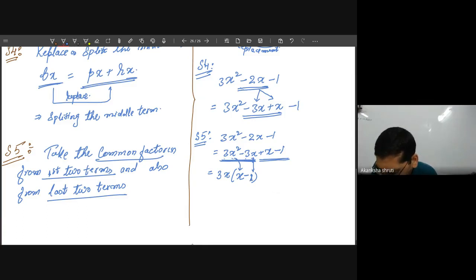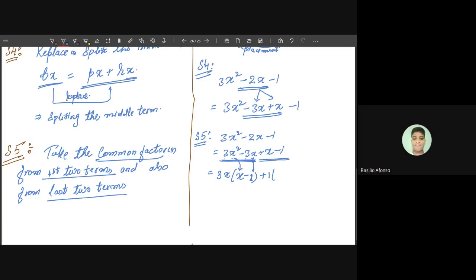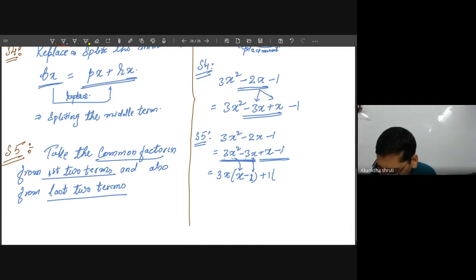Now see, for the second bracket, is there anything common? Nothing appeared common to us. It means simply 1 is common to both, because 1 is multiplied to any number. 1 into x minus 1. So yes, 1 into x we can write and 1 into 1 we can write. Means 1 we have taken common. So it is 3x plus 1 into x minus 1.